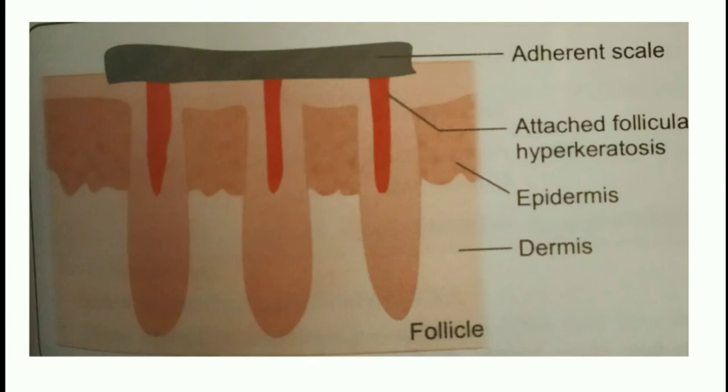So when you remove this scale and look at the underneath surface of that, you get a lot of pointing hard plugs. So that is the carpet tack sign or cat's tongue sign.